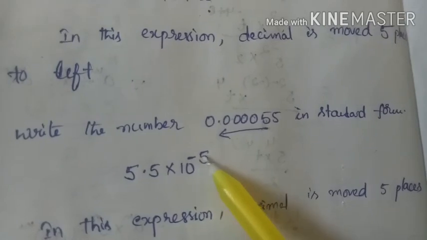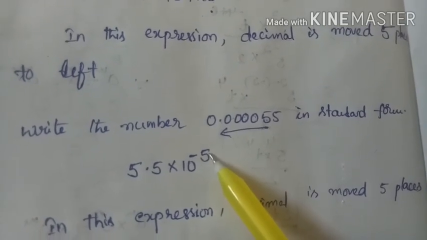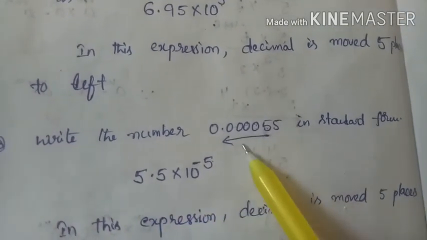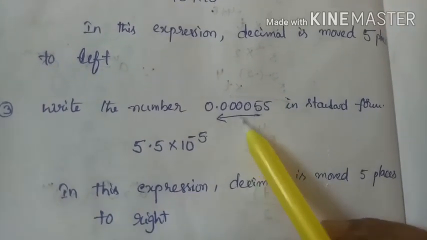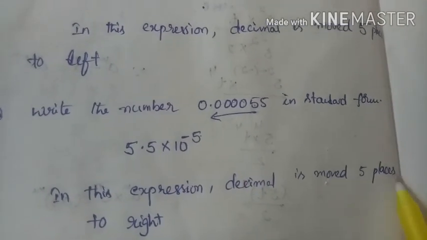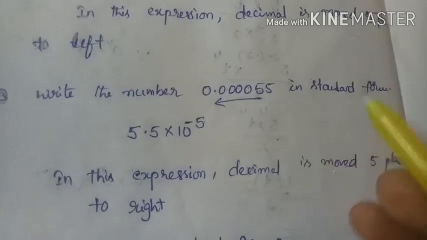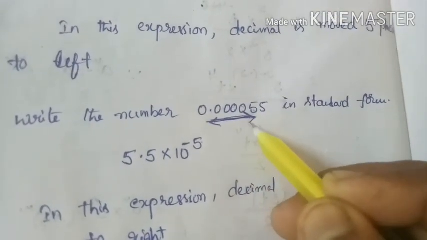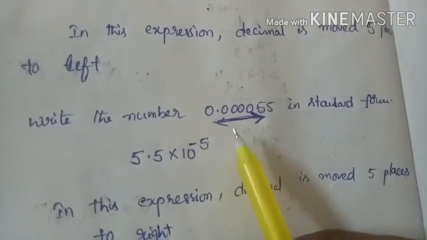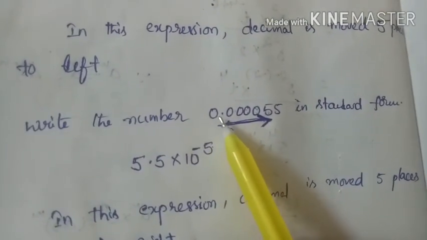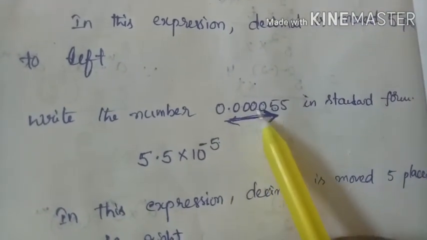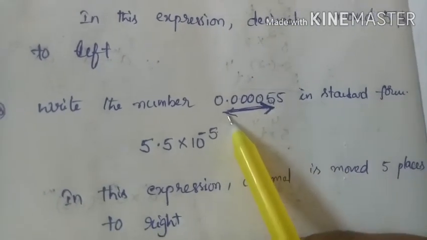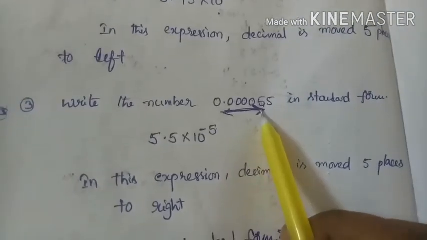So keep minus 5. Okay, this is the standard form of the smallest numbers. And in this expression the decimal is moved 5 places to the right. Yes or no? So here the decimal is moved 1 place, 2 place, 3 place, 4 place, 5 place. So from left to right.